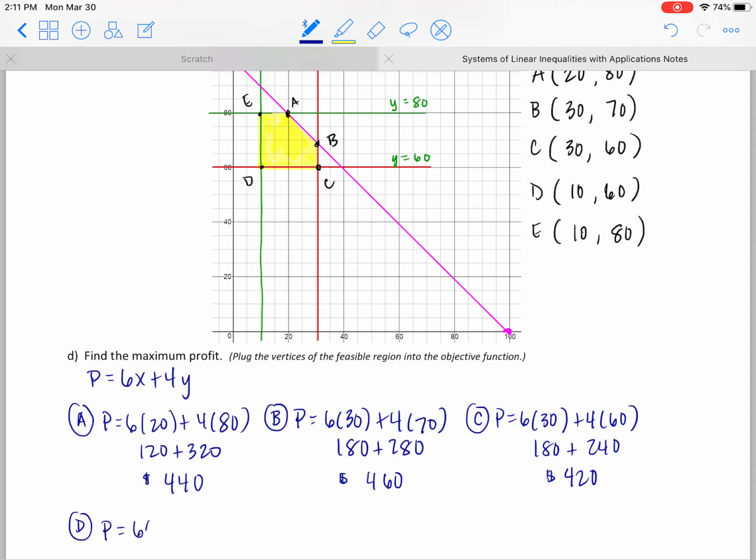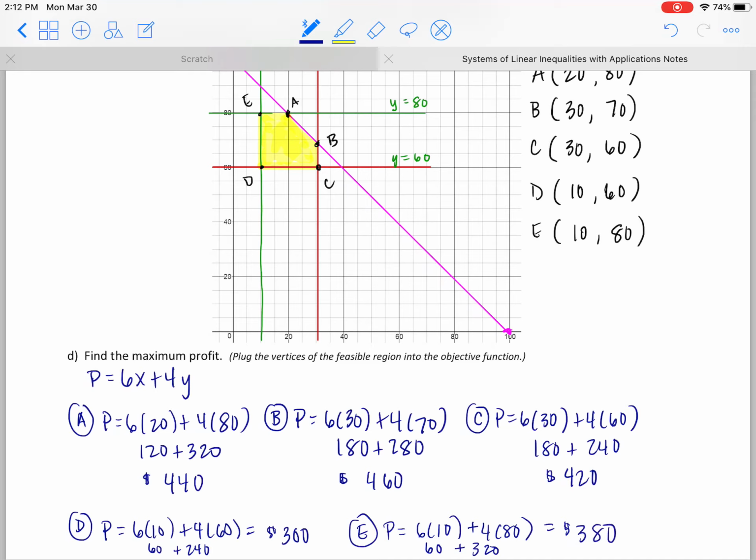And then I'm running out of space, so D, profit's going to be less again, 6 times 10 and 4 times 60, which is, let's see, 60 and 240, $300. And then E, profit's going to be 6 times 10 and 4 times 80. So 60 and 320, which would be $380.